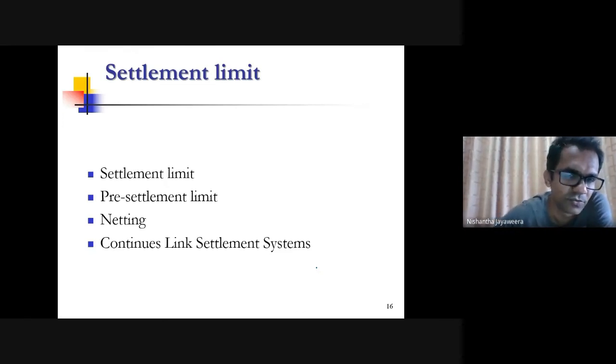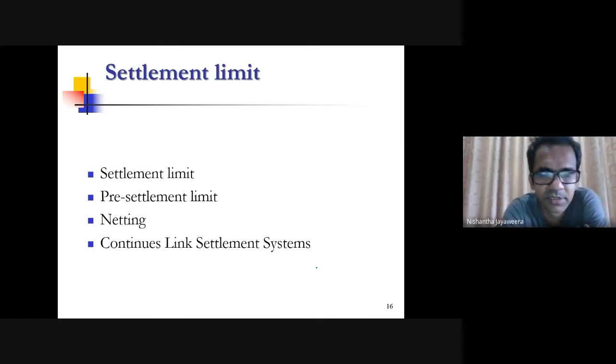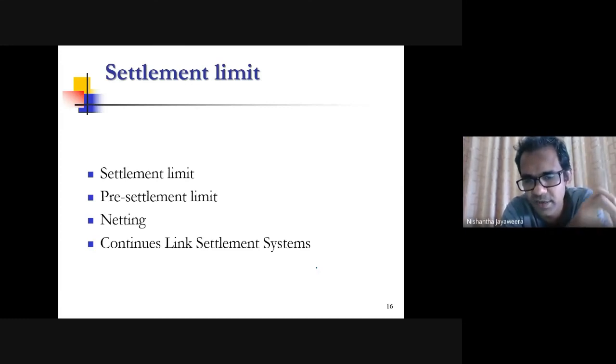There can be forward transactions, spot transactions. So everything will contribute to the pre-settlement exposure. If you measure it in notional amount, the limit should be high. But if you measure it as the mark-to-market gain, then the limit would be low.